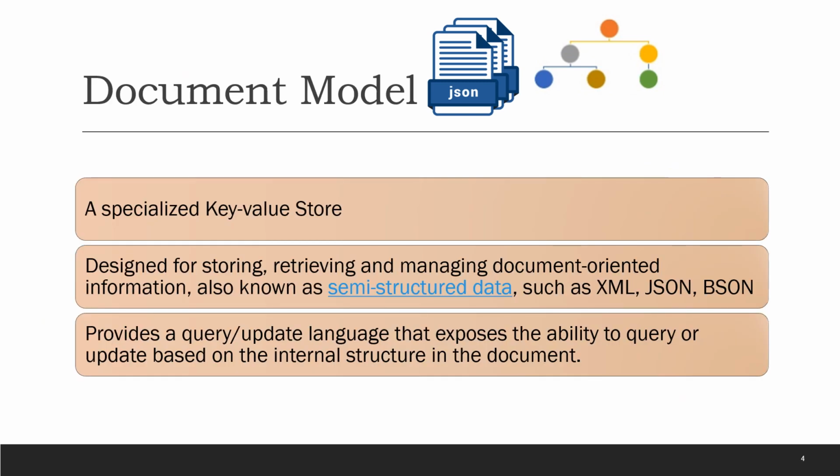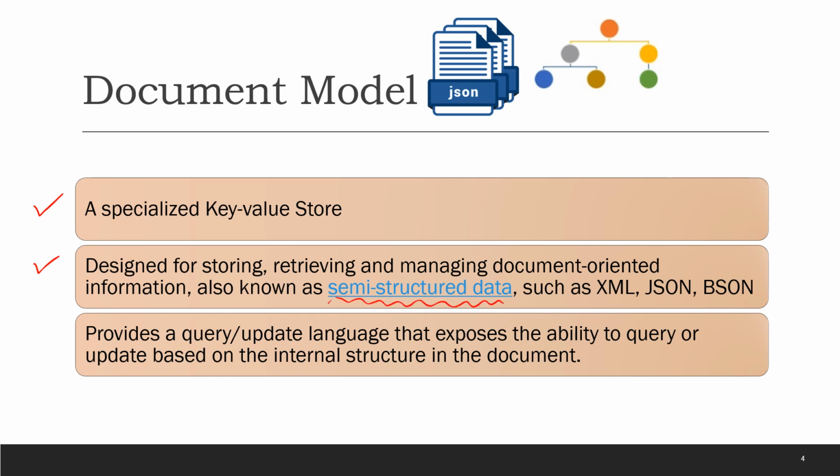So this slide summarizes the important characteristics of the document model. First, it is a specialized key value store. Second, it is designed for storing, retrieving, and managing document-oriented data. Such data is known as semi-structured data.